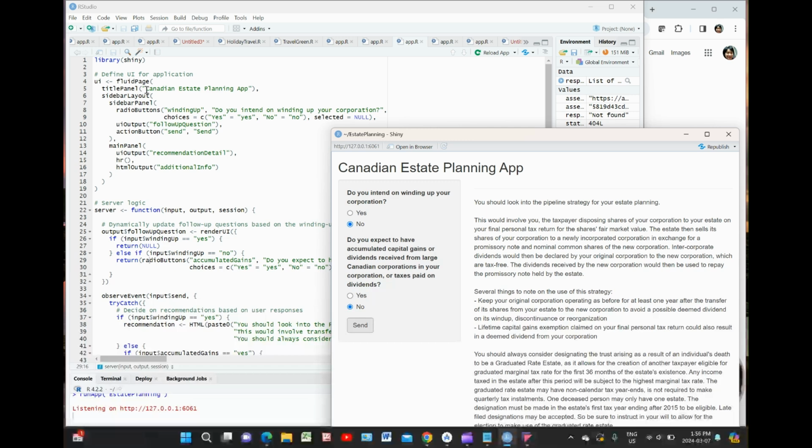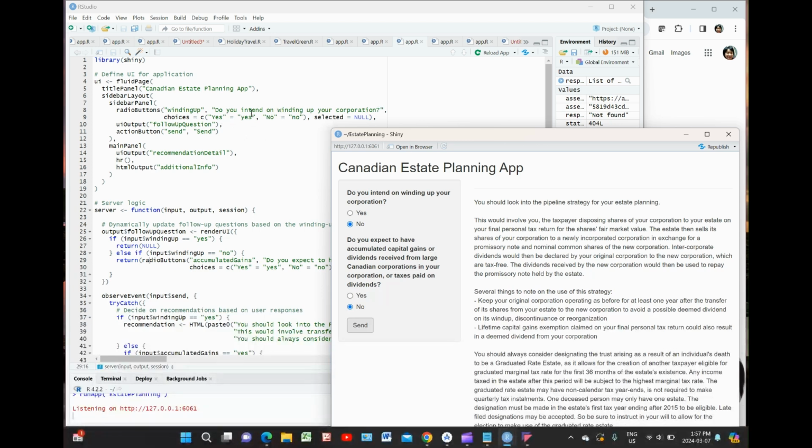You could see that the title panel corresponds with the title on the app, and the sidebar layout is related to the questions that the app asks the user to input answers for. And that includes the do you intend on winding up your corporation, which is the first question. And the choices include yes or no.